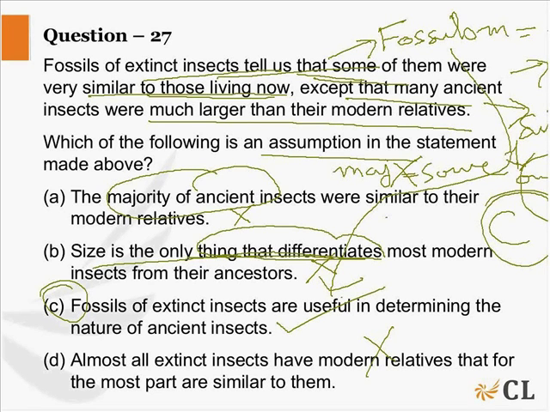It says fossils of extinct insects tell us that some of them were very similar, except that. Except what? Except the size. So size is actually one of the factors, not the only factor. So I stand corrected: it's only one of the factors, not the only factor. So B cannot be my answer option. Is it clear to you now, Dinesh?